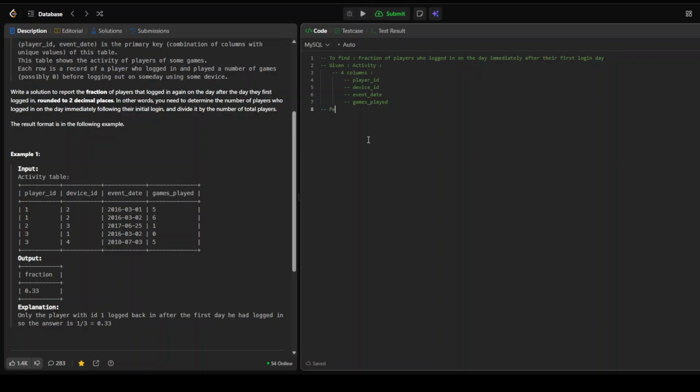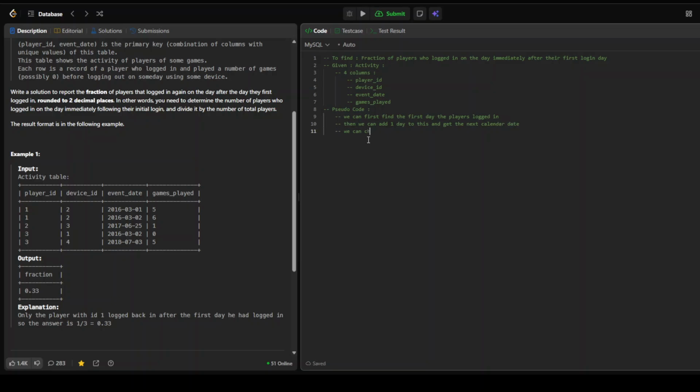Our pseudocode here will be: we can first find the first day the players logged in. Then we can add one day to this and get the next calendar date, right?